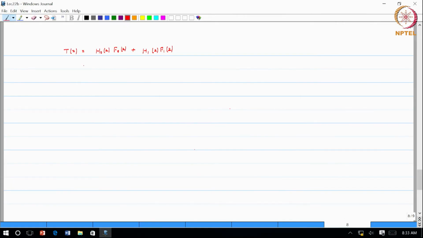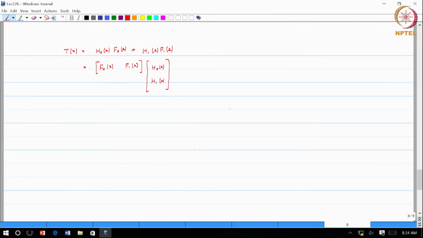This can be written as F0 of Z, F1 of Z, the synthesis filters, as a row vector, with H0 of Z, H1 of Z as the column vector.